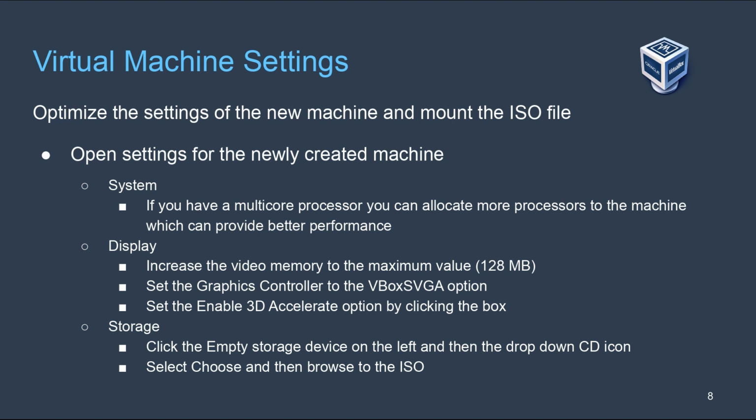So by default, VirtualBox is giving that machine one CPU, which means that it can sort of do things simultaneously on that single CPU. If you have a system like my system, which has 6 cores and 12 threads, you can allocate more processors to that machine and then have a better performance outcome because you're giving it more system resources.